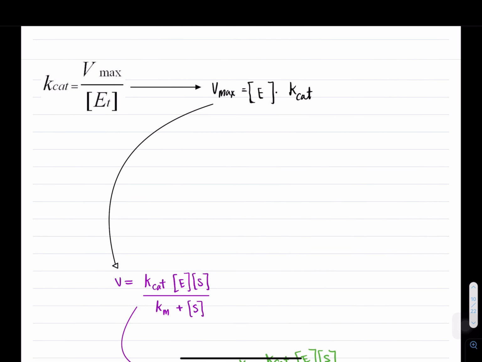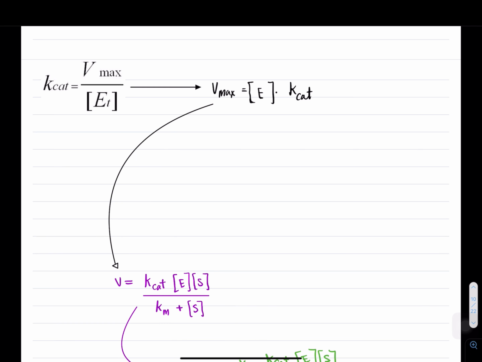The second equation we have in this section is this, which is showing how kcat can be mathematically related to Vmax. Kcat is the turnover number of enzyme, which basically is the number of reaction processes that each active site catalyzes per unit of time, which would be like seconds.